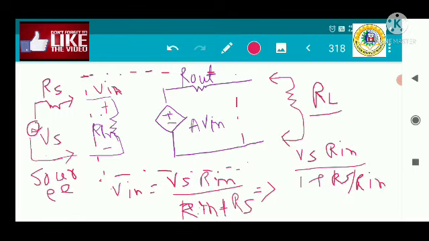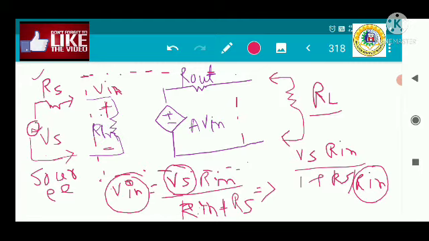Now if Rin tends to infinity, then whatever input falls at the input section of the amplifier is equal to Vs, and that is the criterion we want. We don't want any voltage to be wasted or dropped across the Rs.